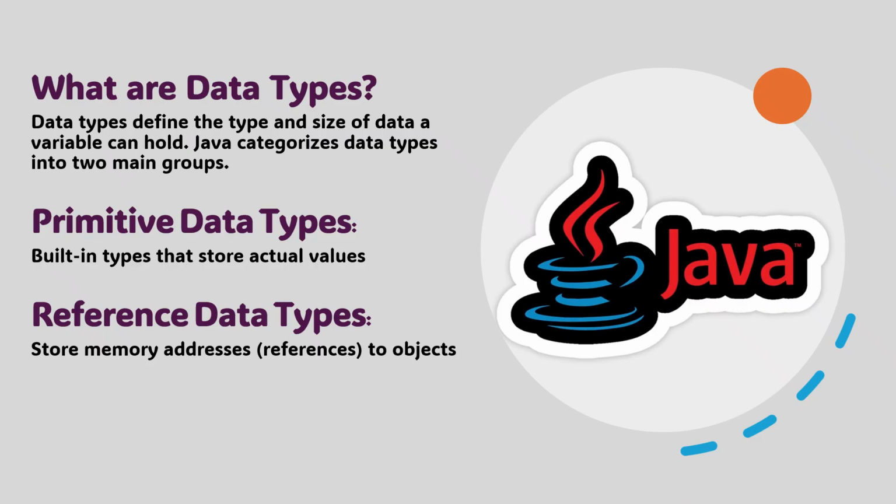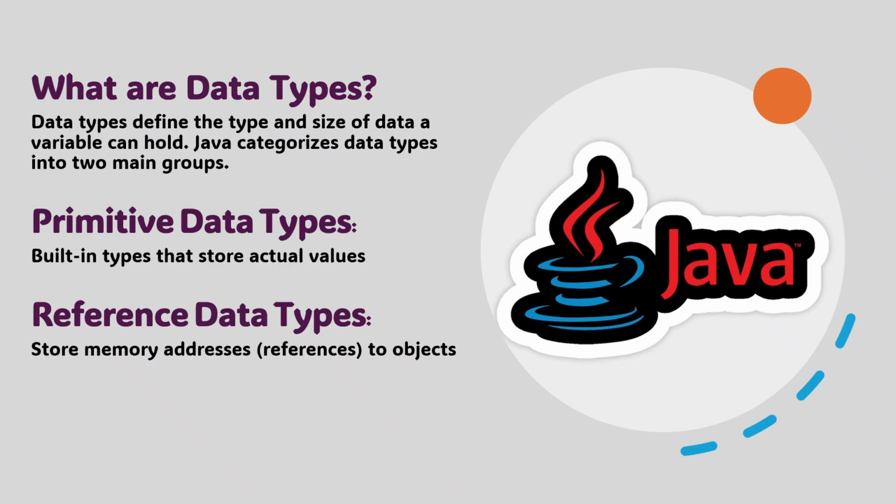So this simply means that data types are able to store any kind of value you input into your program or into your computer, as well as accept or define which type that particular variable contains. Data types define the type and size of a data a variable can hold.